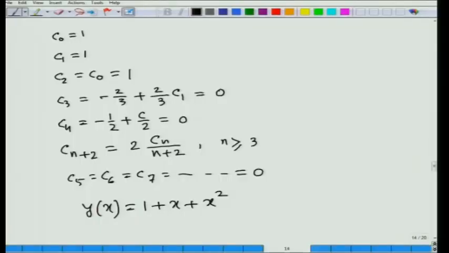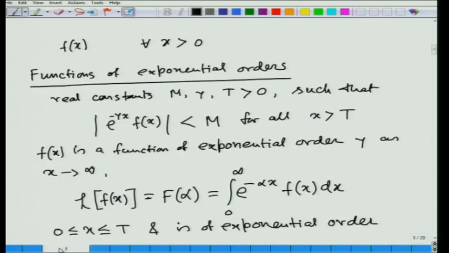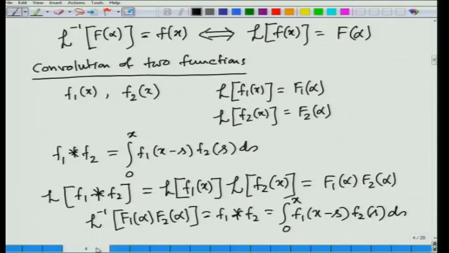So, just for a quick recapitulation of what we have done today. First of all we defined the Laplace transform for a function of exponential order, and then we considered the convolution of two functions f1 x and f2 x, and the Laplace transform of the convolution of two functions f1 and f2 is nothing but the product of the Laplace transforms of these two functions.